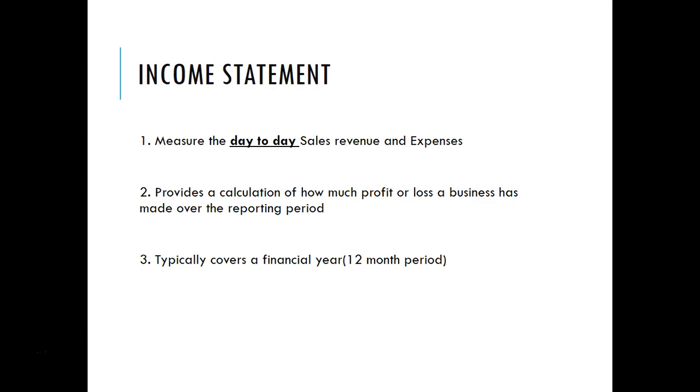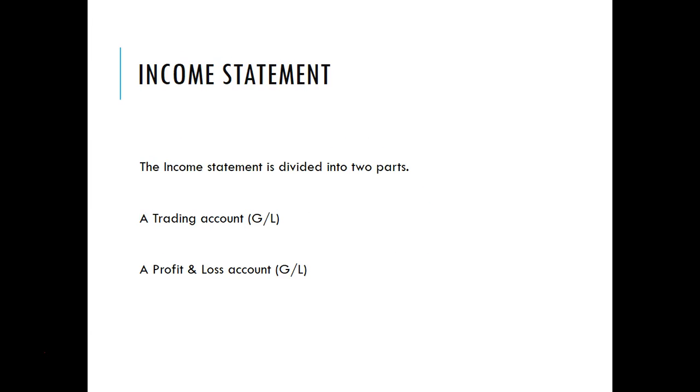It measures the day-to-day sales revenue and expenses, and it allows us to calculate how much profit or loss a business has made over the reporting period. Typically it covers a 12-month period. That's the culture, to prepare an income statement for 12 months. But with computers now, you can easily generate profit and loss for a month, 3 months, whatever. But that's the usual mode of presentation.